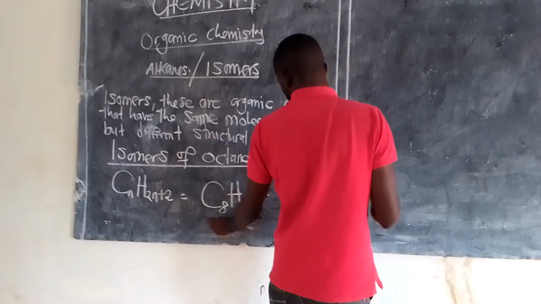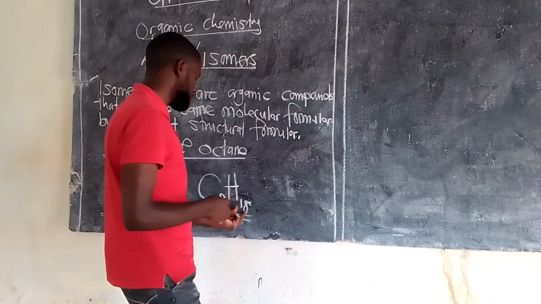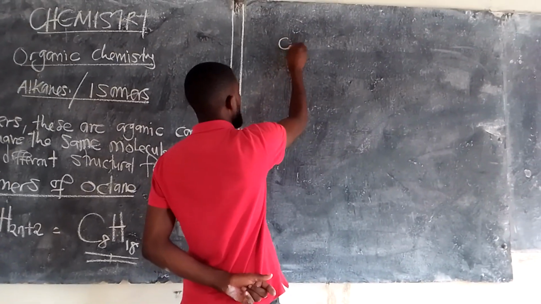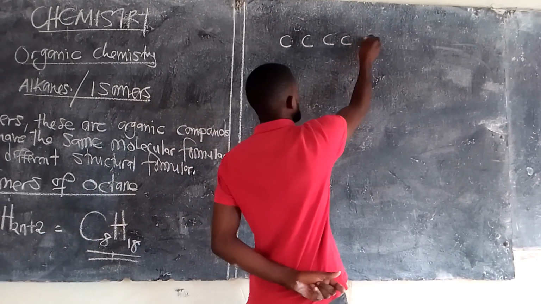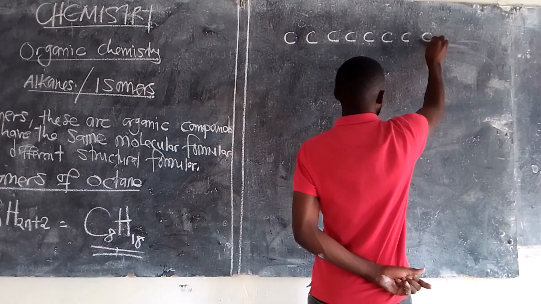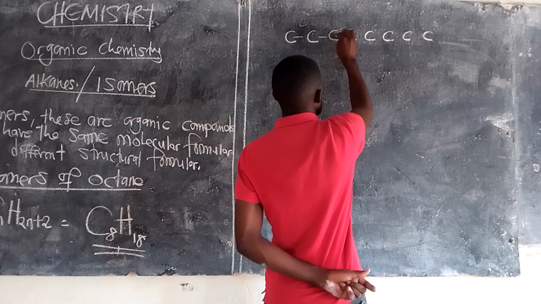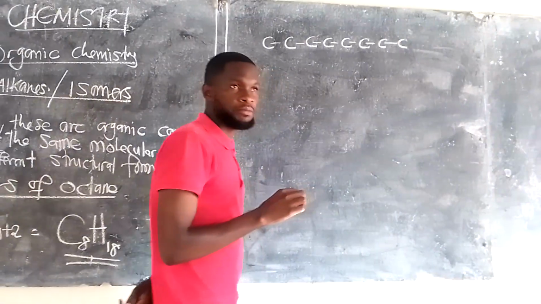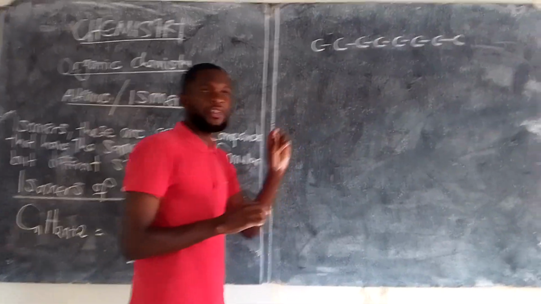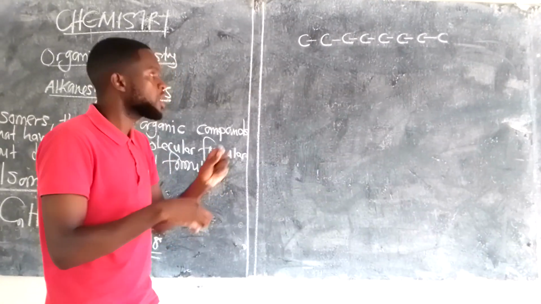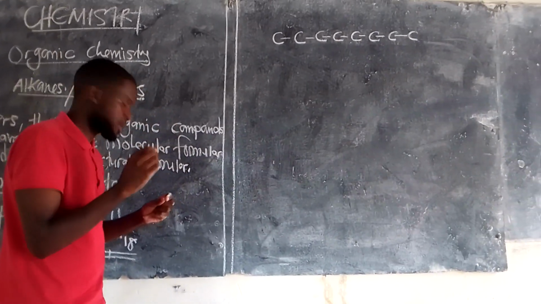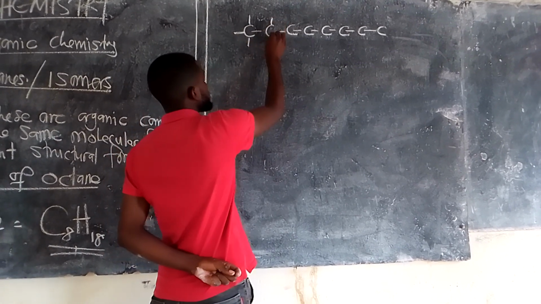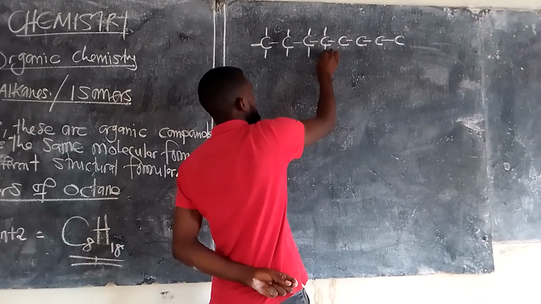There are 8 carbons here and 18 hydrogens. I'm going to write the 8 carbons like this, then we put single bonds. These are the single bonds between carbon to carbon, and then we also write single bonds between carbon to hydrogen.